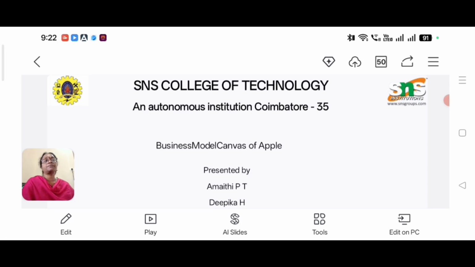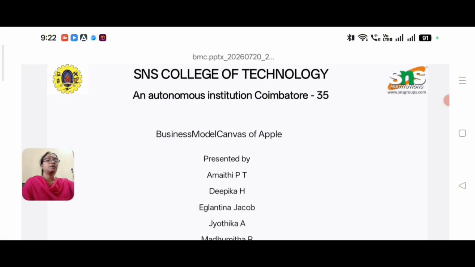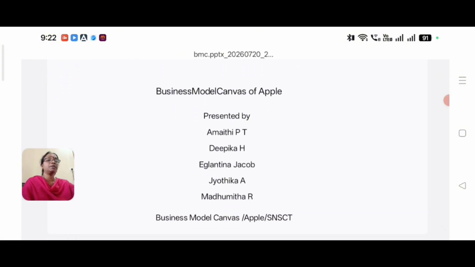Based on these nine key points, we understand the company and how we approach it. Once we know about the company, then we can buy our accessories. Based on this, our students are going to discuss the Apple company.